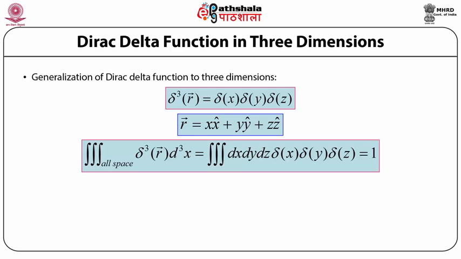This identity can be proved from the result that we had seen in the Dirac-delta function in 1 dimension. So if we extend that result to 3 dimensions, then we can get the current result.